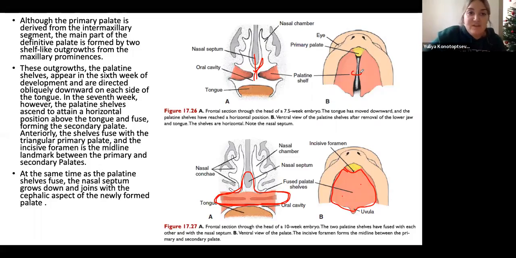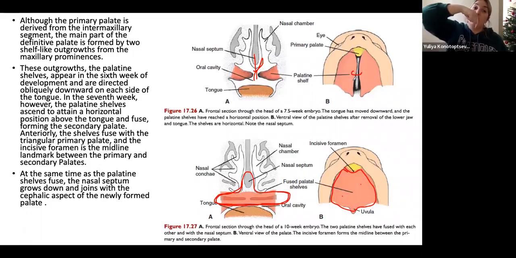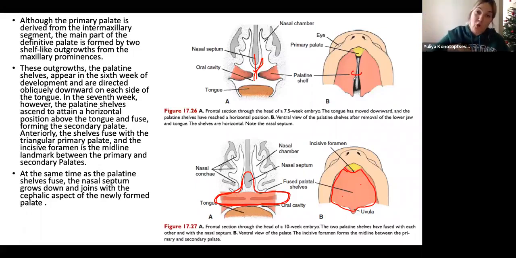There is a major feeding issue with babies like this. So you have to actually insert a catheter into the nose, and this catheter would be going into the stomach, and you will be putting the milk through this catheter. It's a major issue in these babies who have a cleft palate. So it has to be fixed immediately.